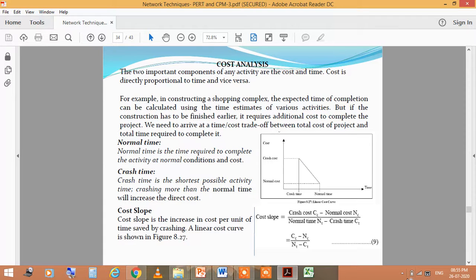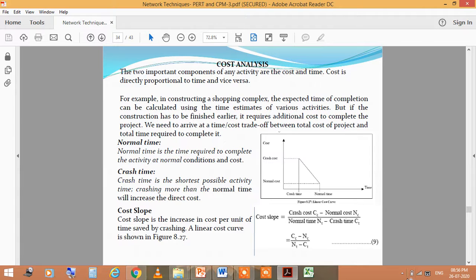For example, in constructing a shopping complex, the expected time of completion can be calculated using the time estimates of various activities. But if the construction has to be finished earlier, it requires additional cost to complete the project.